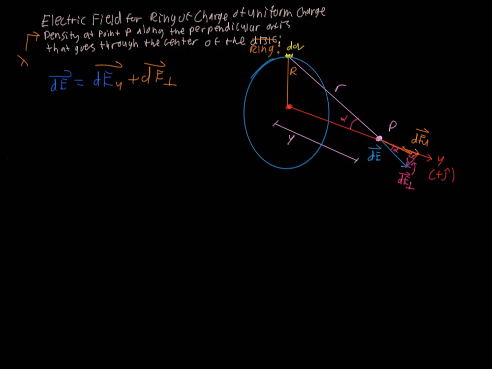And then we're going to write this in terms of magnitudes, subbing in the dE. Let's write this as alpha, since that's how I wrote it. And then that's in the positive j hat direction along the y-axis. Then we have plus the perpendicular component, so it's going to be dE sine theta.